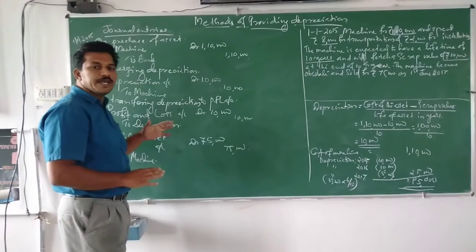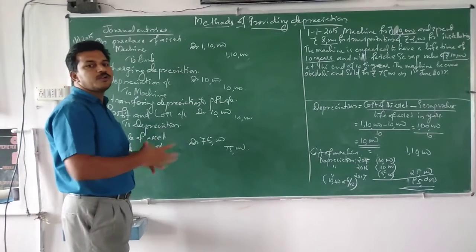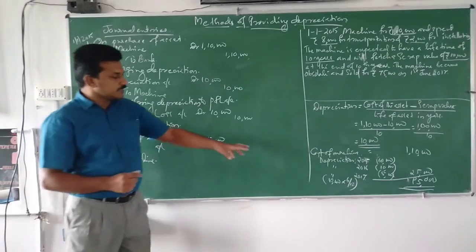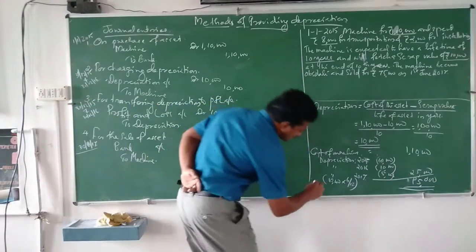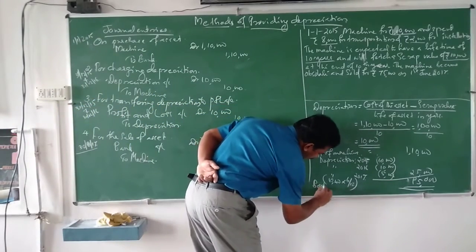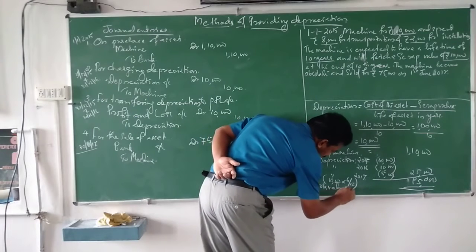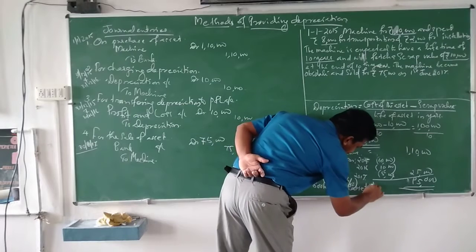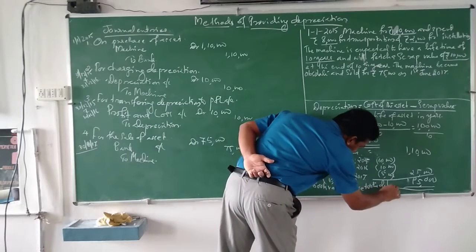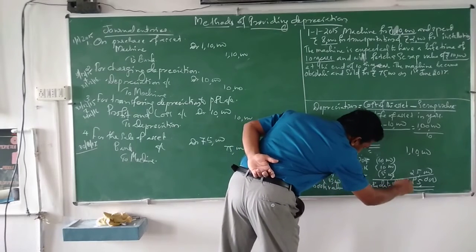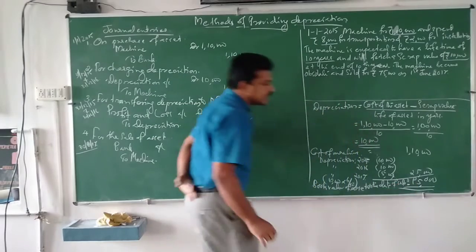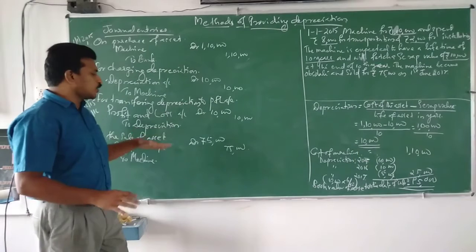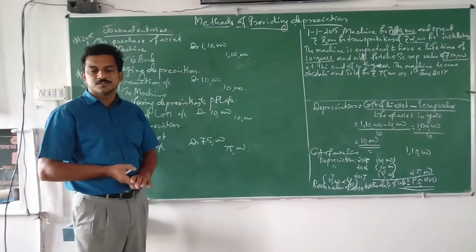Total cost is 85,000. We sold it for 75,000. That means this is the book value of the asset on the date of sale. On the date of sale, the book value of the asset is 85,000 and we sold it for 75,000.